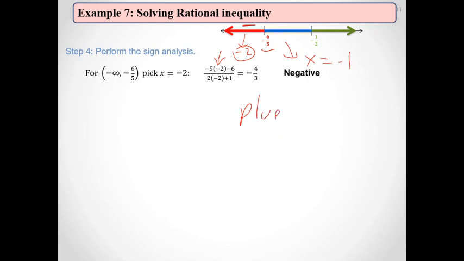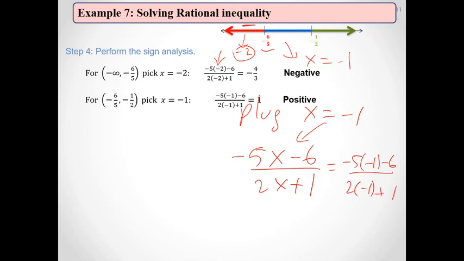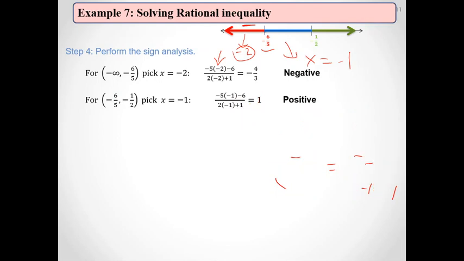Plug x = -1 in here, -5x - 6 over 2x plus 1. You get -5 times -1 minus 6, and 2 times -1 plus 1. We get a positive number, so let's put the positive here.